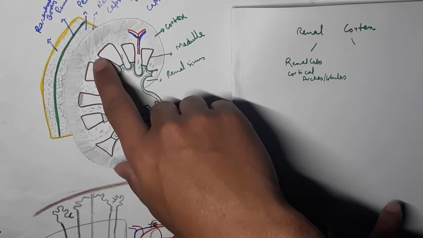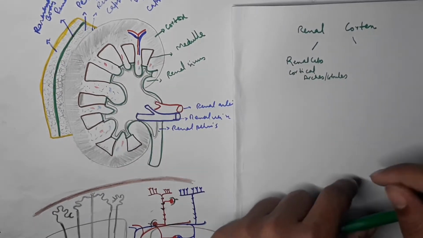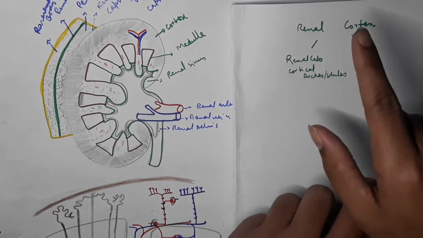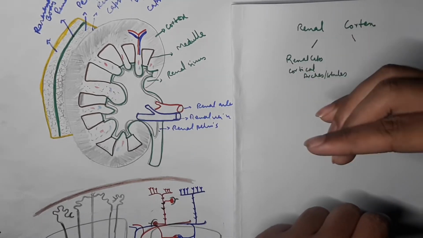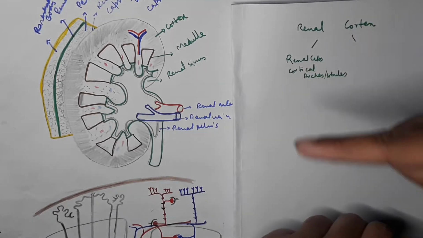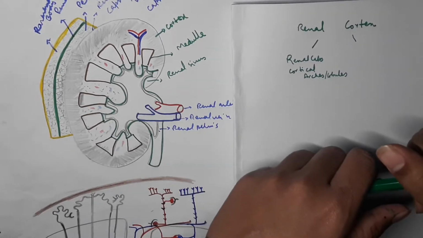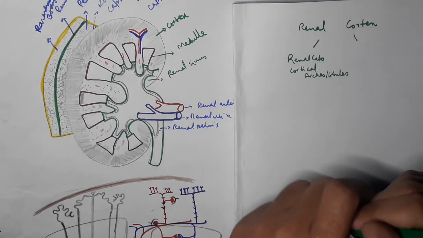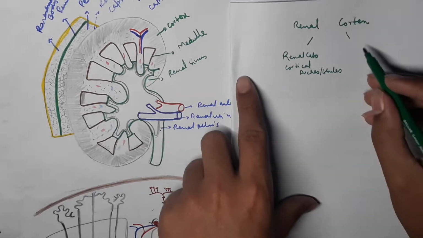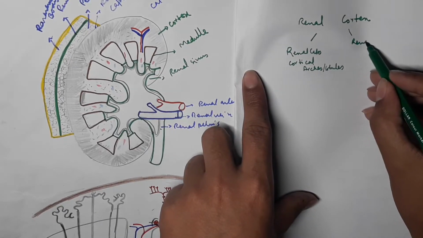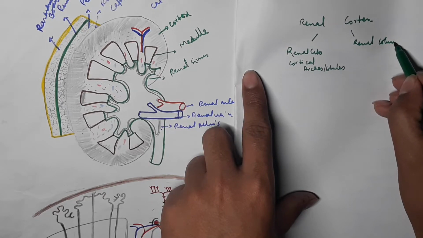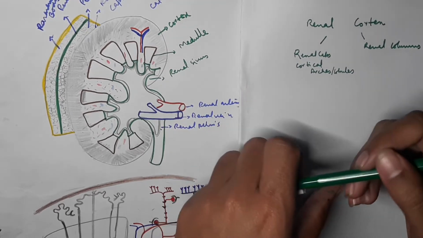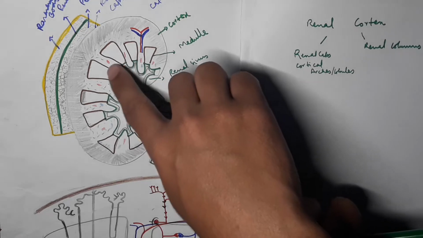This is the base of the pyramid. This is called cortical arches. The part of the cortex which covers the pyramid is called cortical arches. Now the second part is the renal columns. This part is present in between the pyramids.